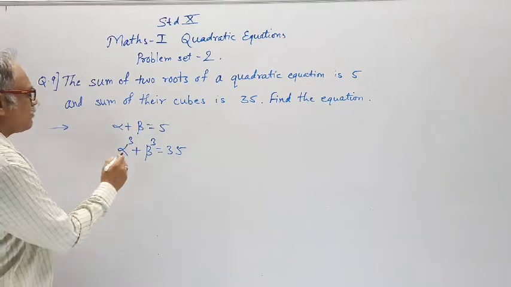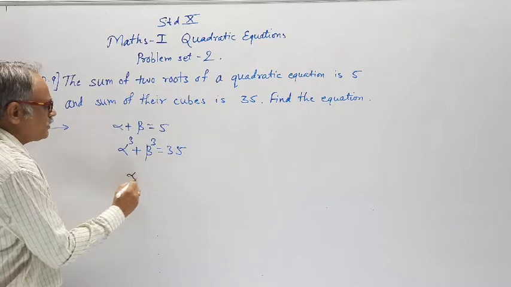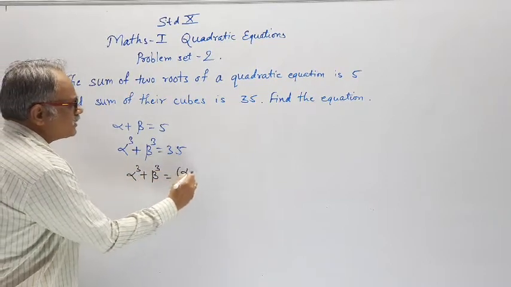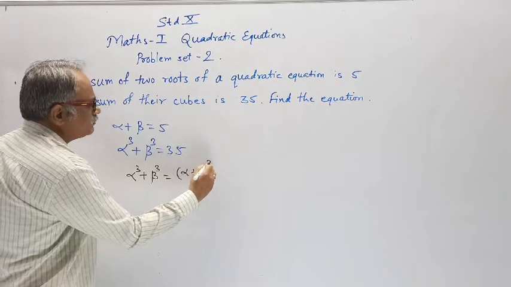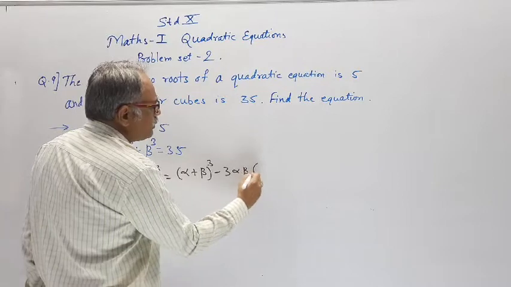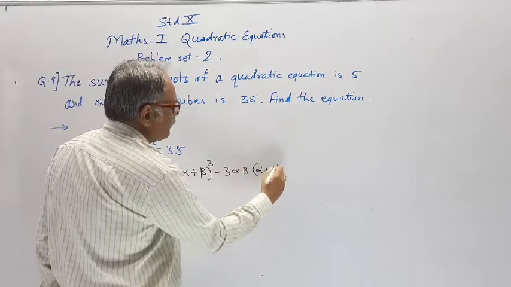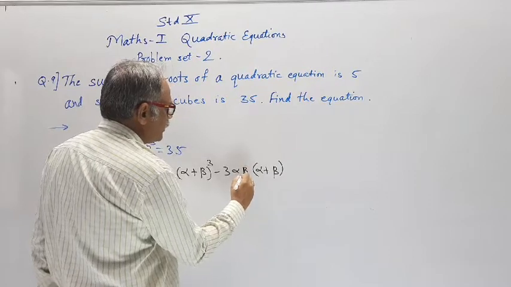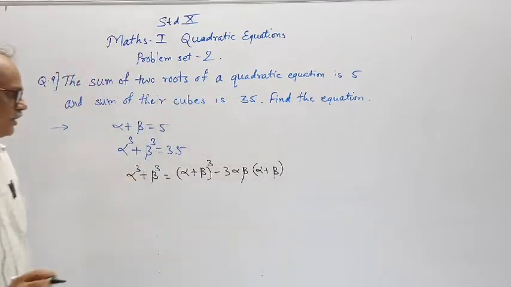So what is the formula for alpha cube plus beta cube? Alpha cube plus beta cube is (alpha plus beta) whole cube minus 3 alpha beta into (alpha plus beta). Last time we learned this while solving the equation.